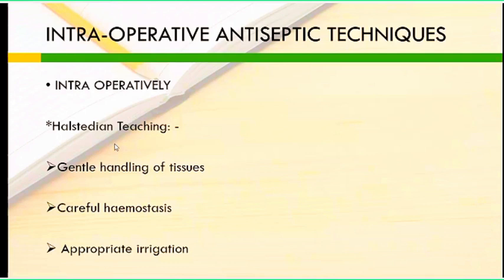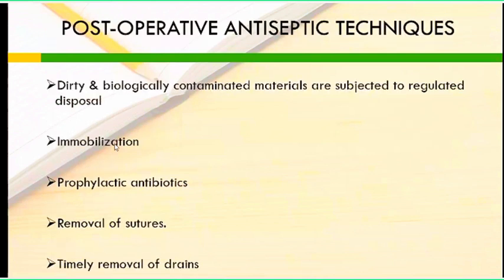Intraoperative antiseptic techniques involve gentle handling of tissues, careful hemostasis, and appropriate and adequate irrigation of the surgical site. Then you have the post-operative antiseptic techniques, which involve use of prophylactic antibiotics, removal of sutures when appropriate or at due time, then timely removal of drains.